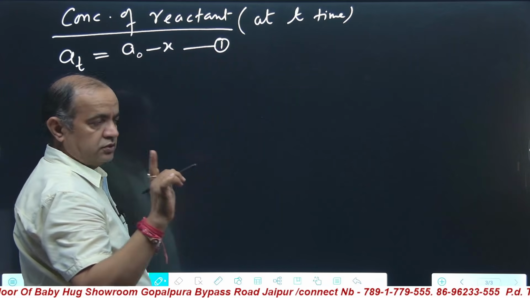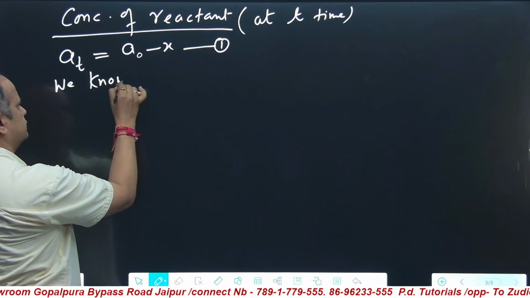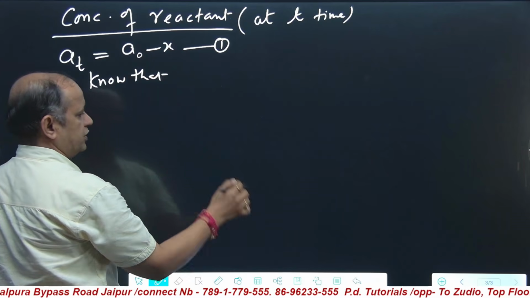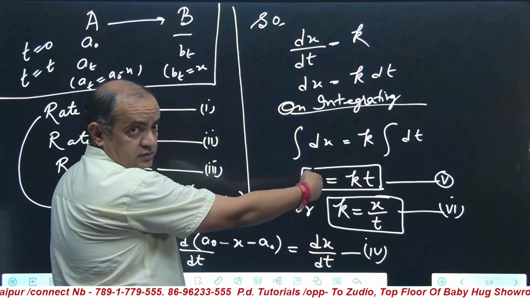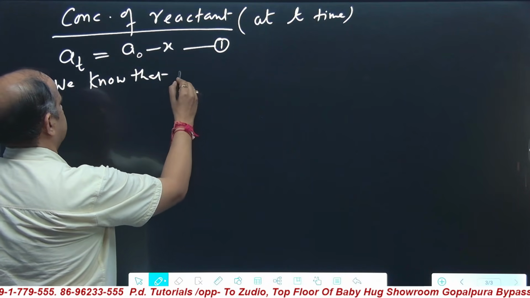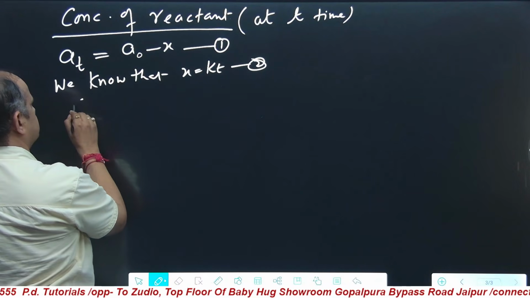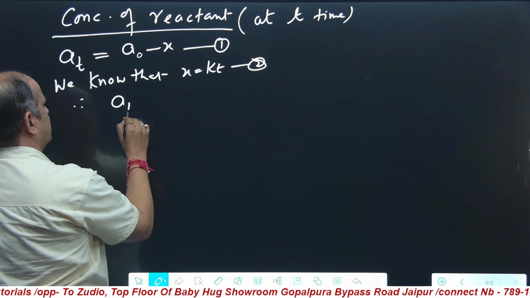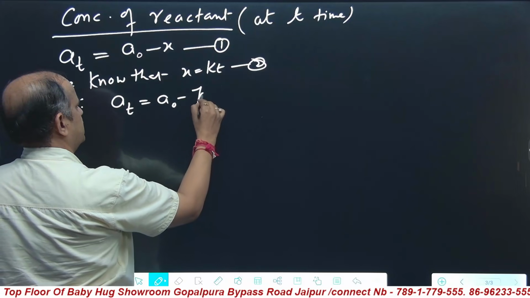We know that x equals kt, so At equals A naught minus kt.